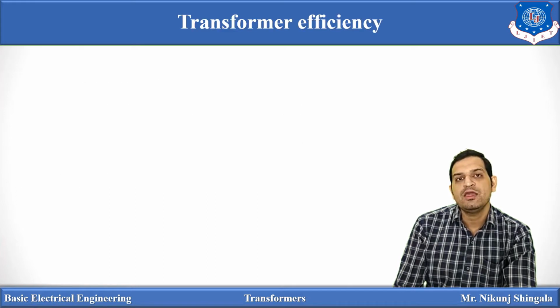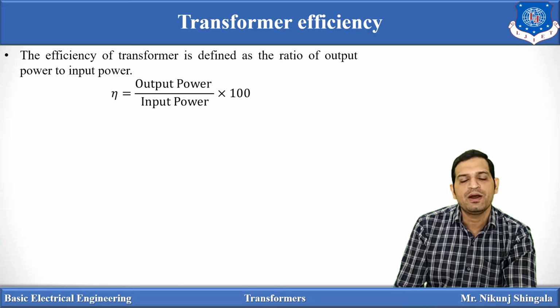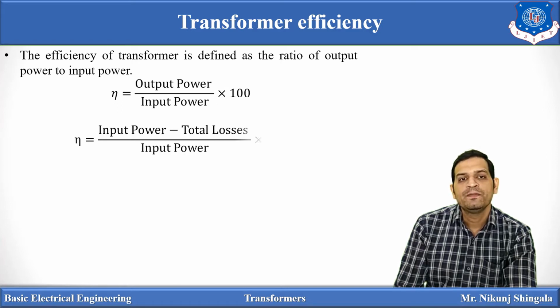Now moving towards the equation of the transformer efficiency. What is efficiency? Generally, efficiency of a transformer is defined as the ratio of output power to the input power. So we can write eta is equal to output power divided by input power into 100. Now we know output power is input power minus losses, because some losses take place in an actual transformer.